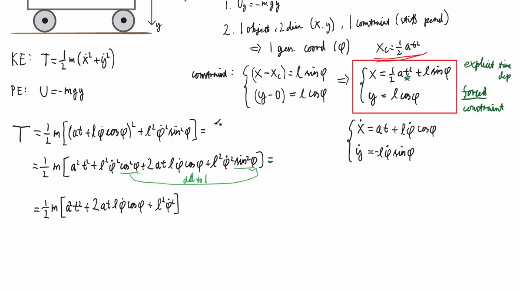Everything inside this bracket should have the unit of velocity squared. So we have here acceleration times time, that's velocity squared. Acceleration times time is velocity. This is meters per second, that's velocity, so that's velocity squared. Same thing over there. So that unit seems to be working out. Then we have the potential as well.